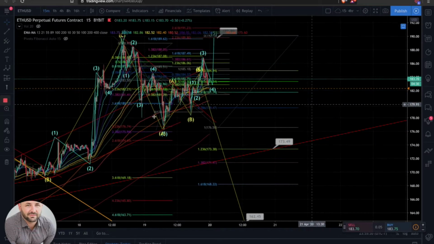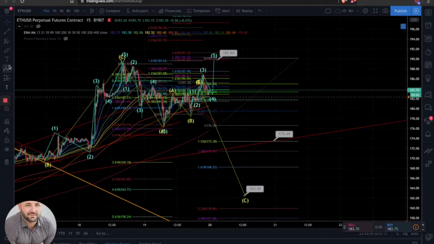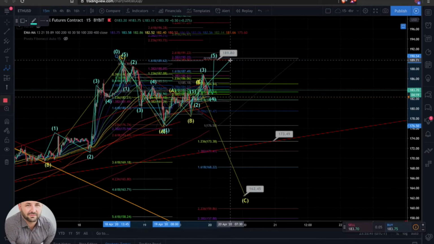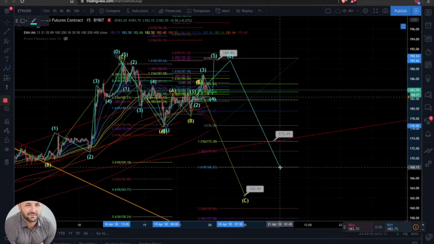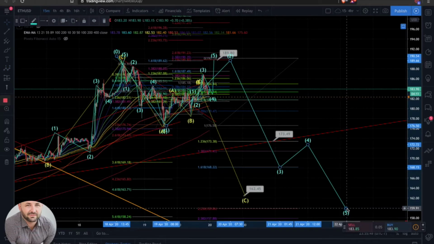Or this could be the beginning of something larger, an overall impulsive wave move to the downside, meaning that this could be a wave 1 coming up for a 2 and then down for a 3, 4, and then a 5, which would put us roughly at 159.